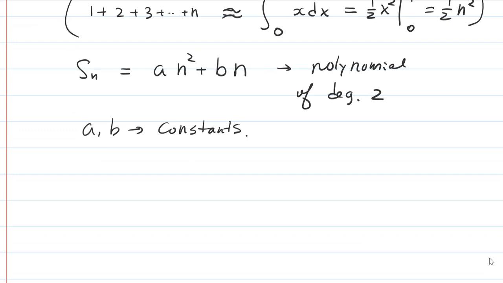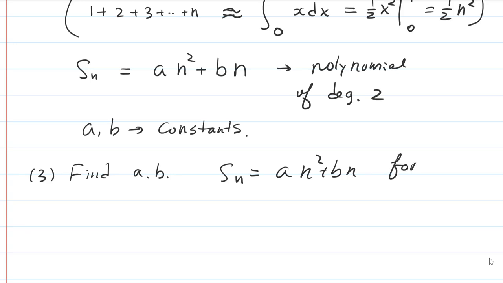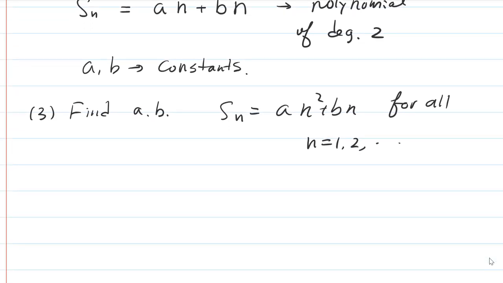Now we come to part 3, how to find a and b. We want this, an squared plus bn, to be true for all n, for n is 1 and 2, etc. So we say S1 must be equal to a times 1 squared plus b times 1, and we know S1 is simply equal to 1.